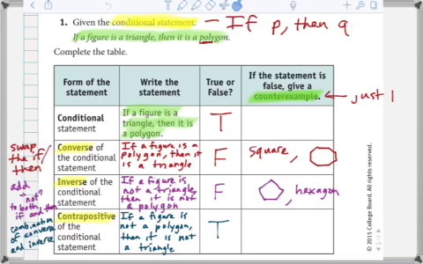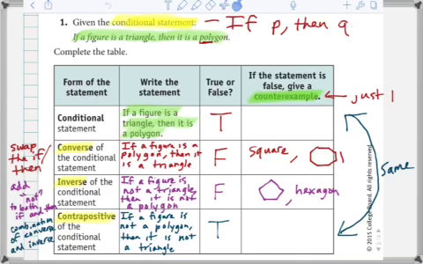One of the big things to know here is that the original conditional statement and the contrapositive will always have the same truth value.